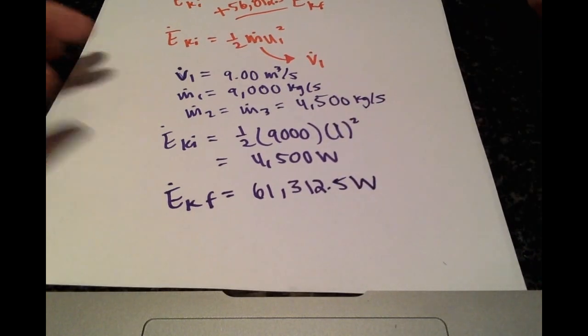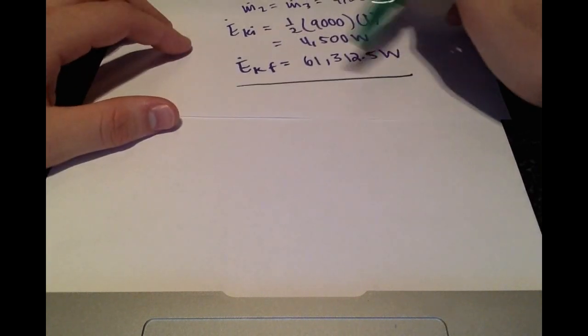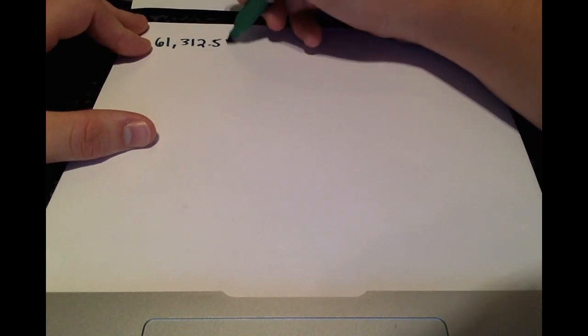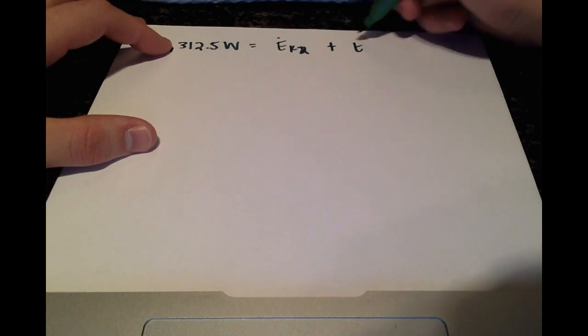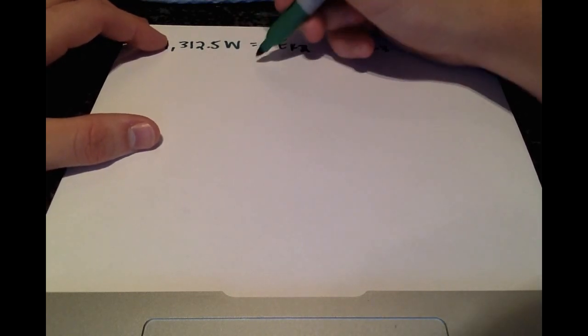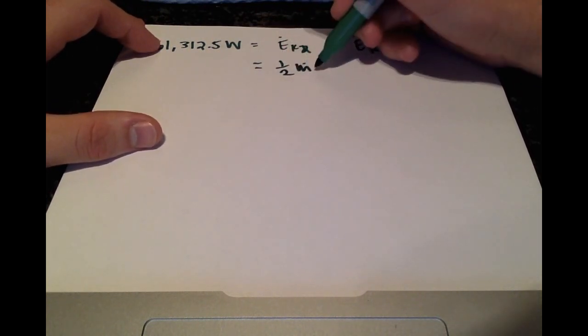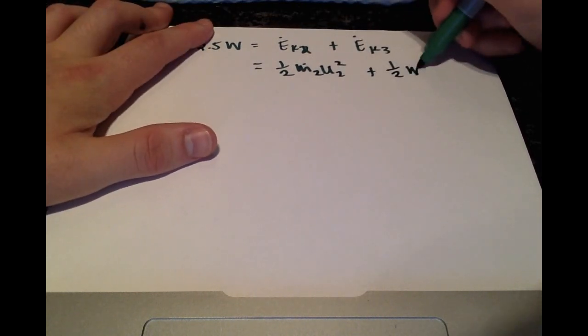61,312.5 watts. Alright, so if we have the final kinetic energy rate right here, we can break that down into the components in pipe 2 and pipe 3. Okay, and for each of these kinetic energies, that's just going to be 1/2 times the mass flow rate times the velocity squared for their respective streams.